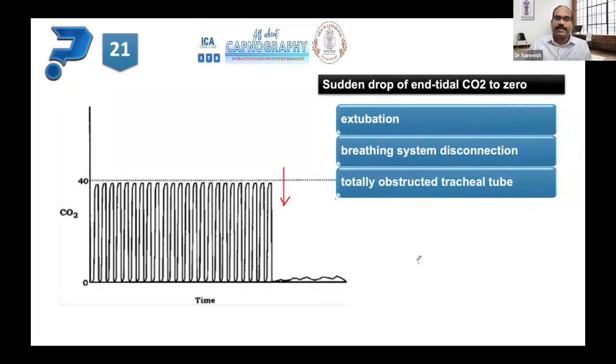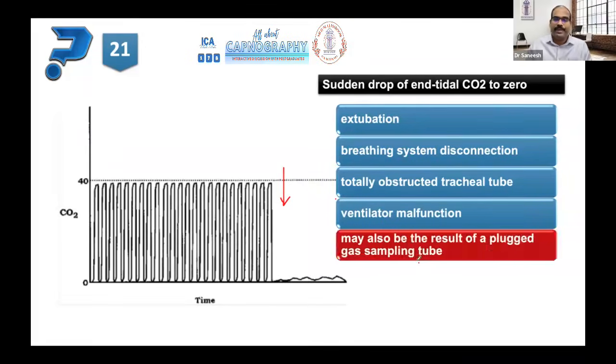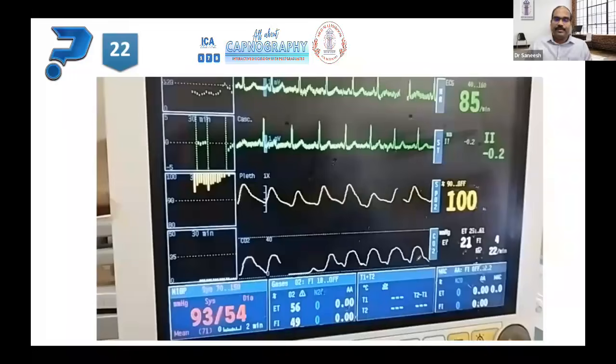Of course, other possibilities like breathing system disconnection, or the surgeon totally occluding the tracheal tube, ventilator malfunction. This is also possible. It can also be a result of a plugged gas sampling tube, as I mentioned, water droplets suddenly occluding, which is very common. So every time, don't try to interpret with the tracing alone.